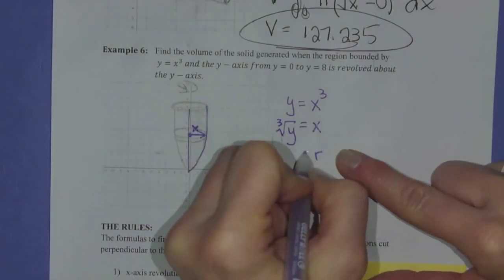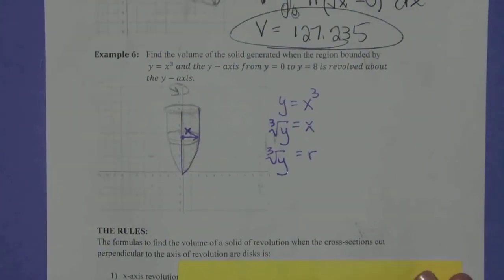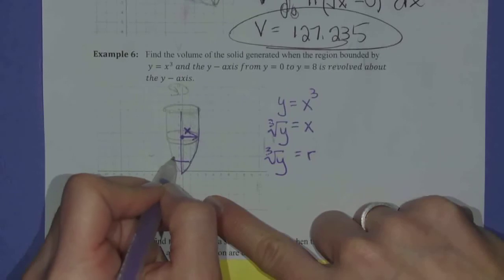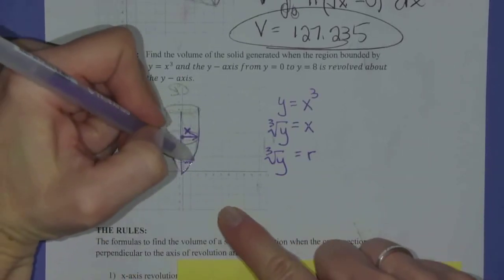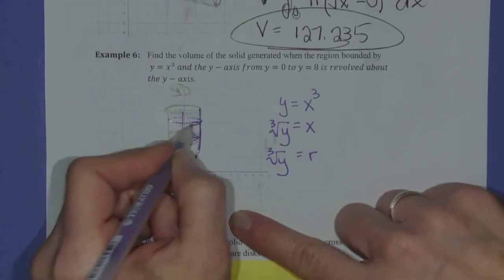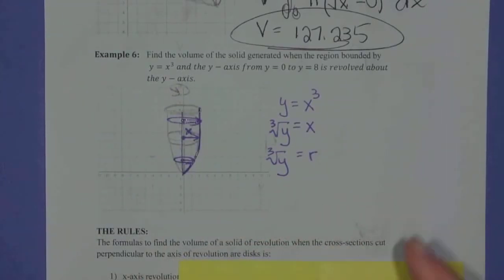And since x is the radius, the radius is the cubed root of y. Beautiful. And that's going to be no matter where you go. Here, yeah, it's going to be smaller, but the x is still determined by where you are here. If you're up top here, don't worry about it. It's going to be found by this function.